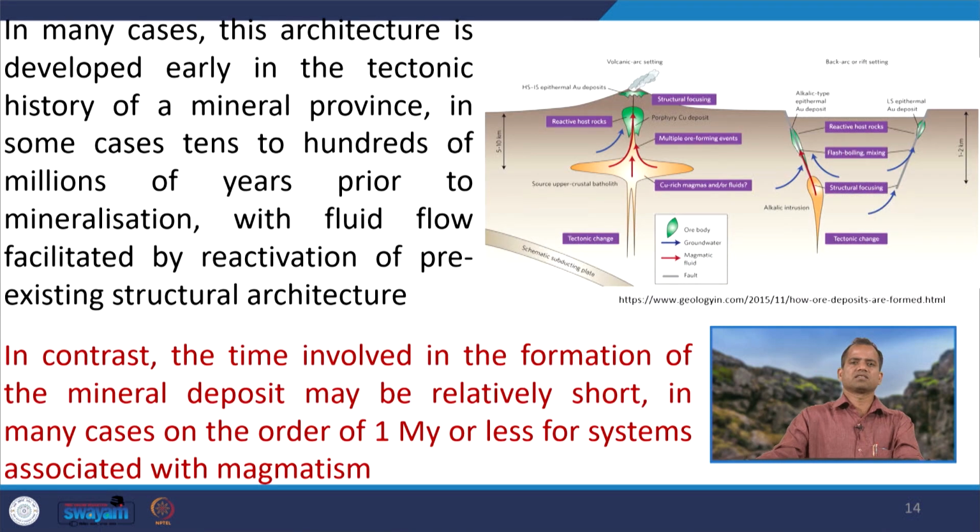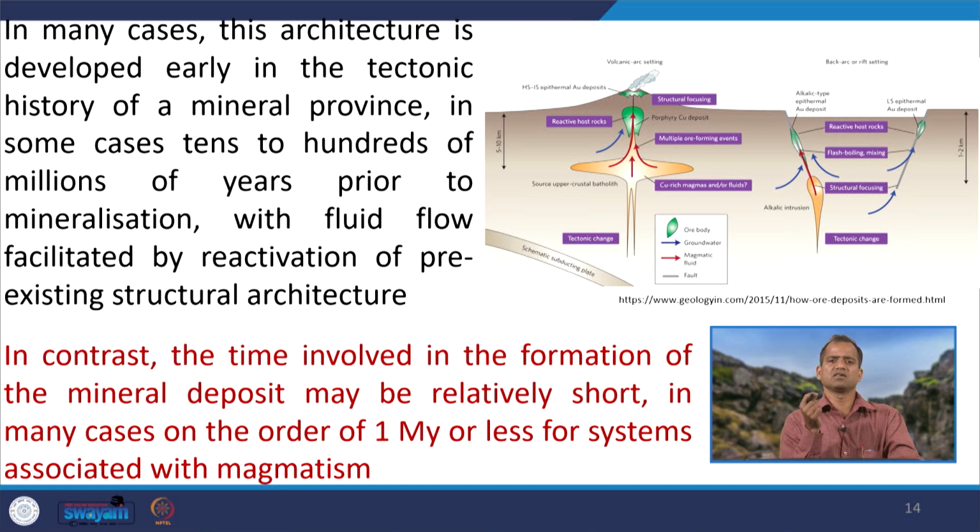In many cases, this architecture is developed early in the tectonic history of a mineral province. In some cases, tens to thousands of millions of years prior to mineralization, with the fluid flow facilitated by reactivation of the pre-existing structure and architecture. So, that means during the metallogenesis or during this mineral formation, either the room was formed or the rooms already existed by this pre-tectonic system, pre-tectonic events.